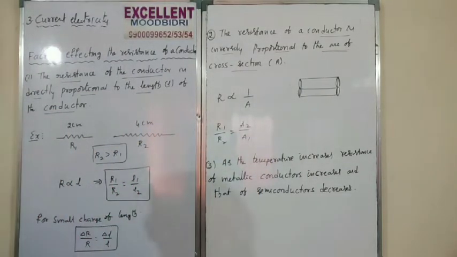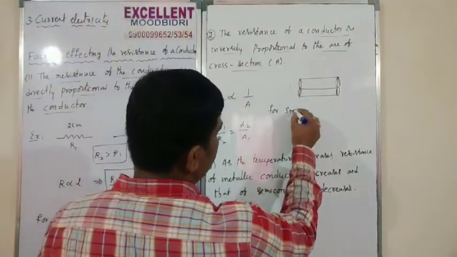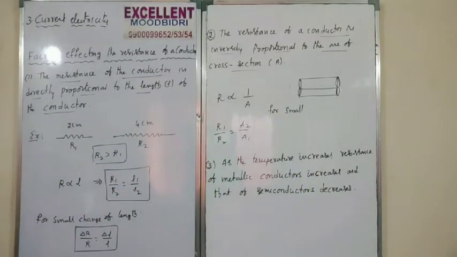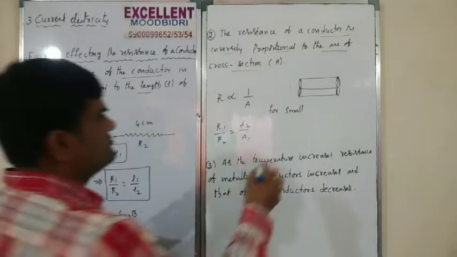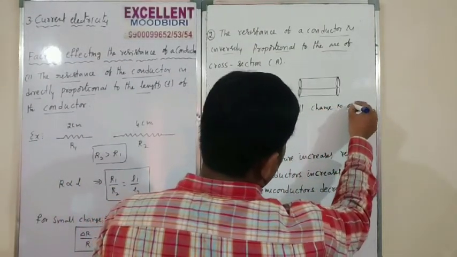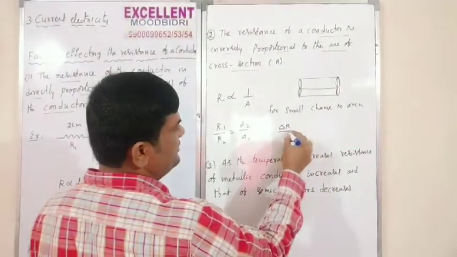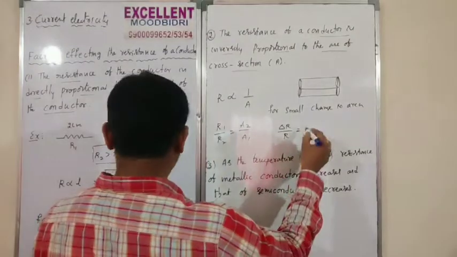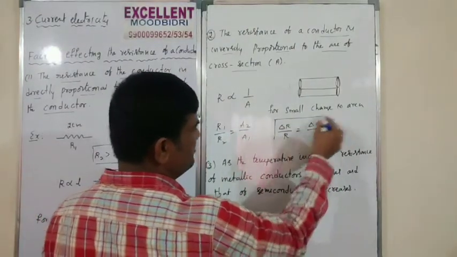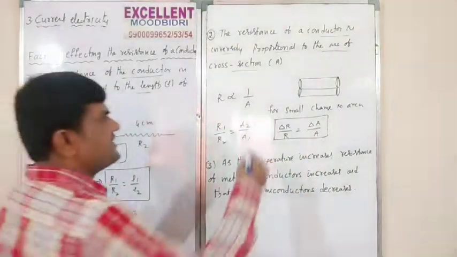So for small change in area, we will give you the formula delta R by R is equal to delta A by A. So this one also you can remember as a formula, very important for small change.